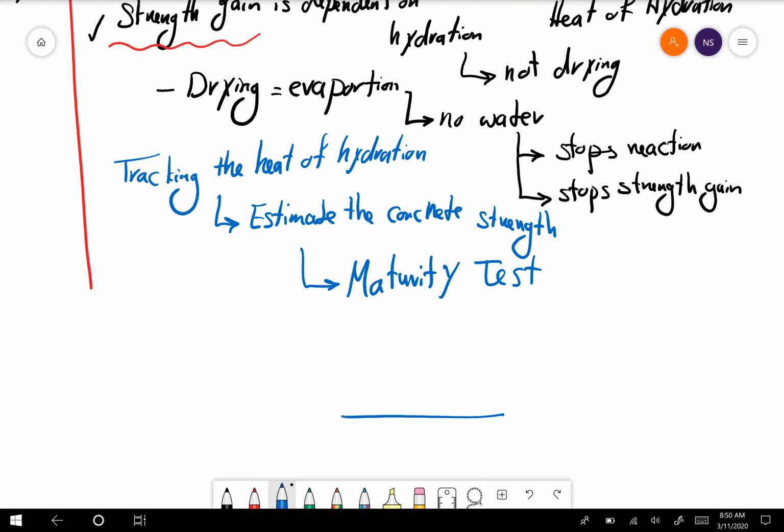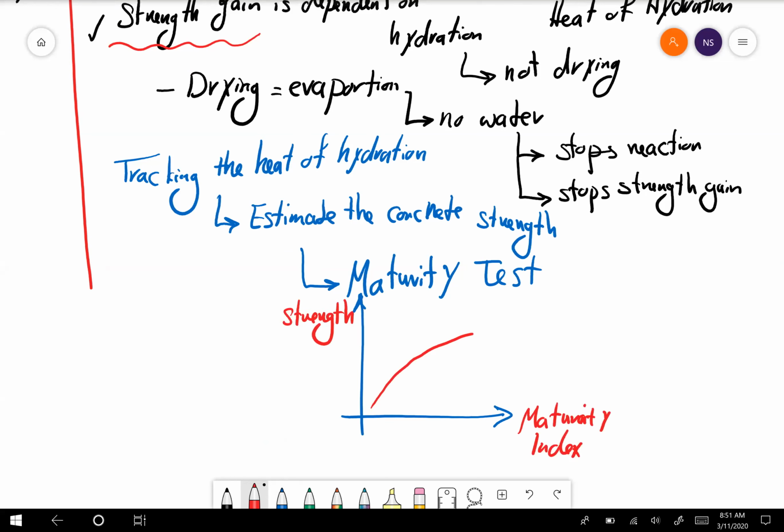So basically, there is a maturity index that you can use to correlate the heat of hydration with strength, right? If you track the heat of hydration, you can estimate the strength or the compressive strength without doing the test in the lab.